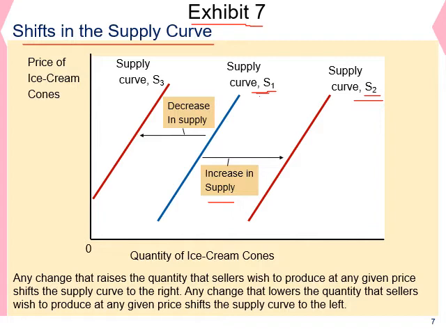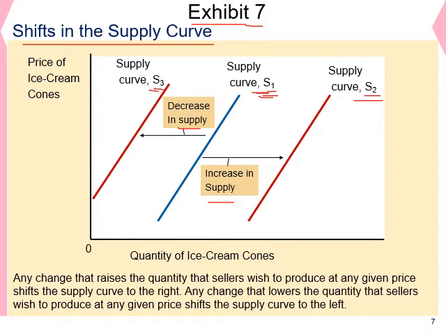On the other hand, a decrease in supply will shift the curve to the left, and the curve will move from S1 to S3. For instance, if the price of energy goes up, if wages go up, or if you have a bad technology, or if the number of sellers decreases, the supply curve will decrease and move from S1 to S3.